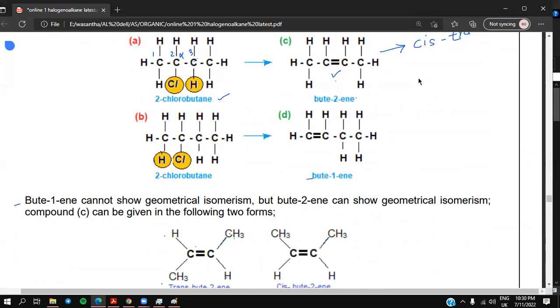The same thing is on the other side also, but the only difference is in the second compound the hydrogen and CH3 have been switched. So the compound on the left-hand side is trans. The compound on the right-hand side is cis. So altogether, in this reaction, 3 compounds are formed finally.